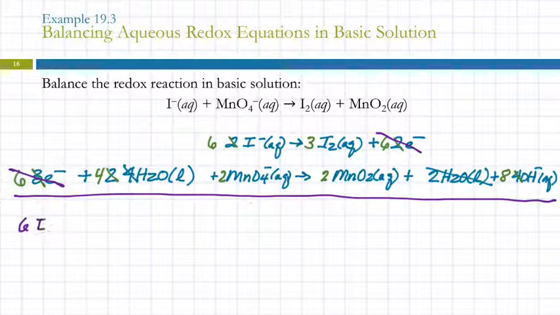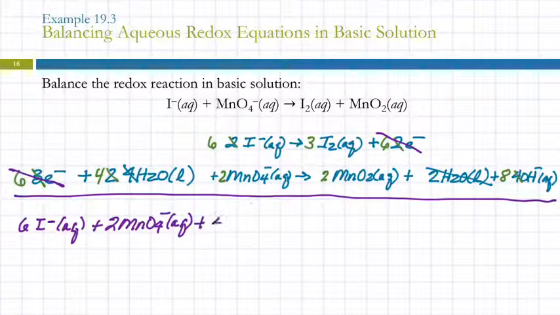So I have 6 iodide ions from the first half reaction. And in the second one, I have 2 permanganate ions and 4 water molecules.